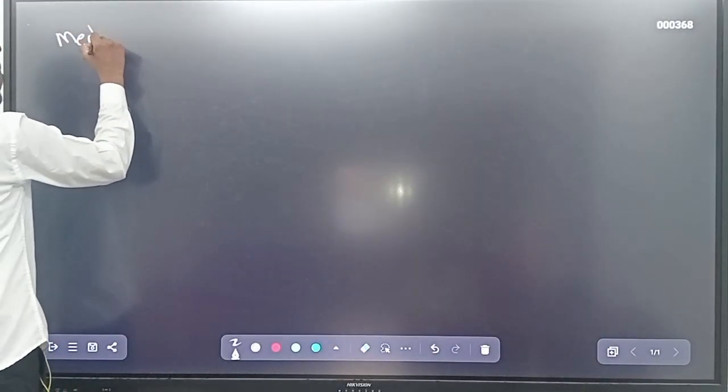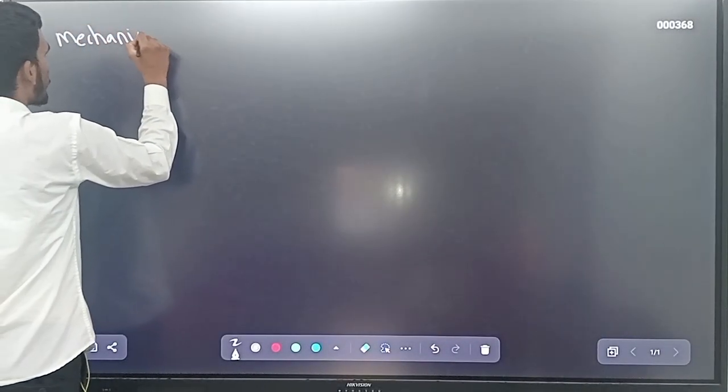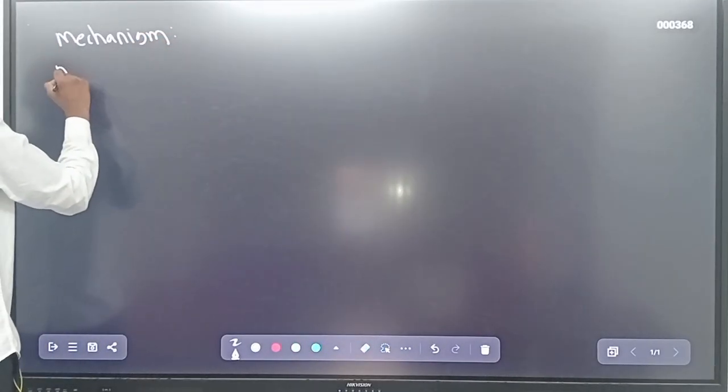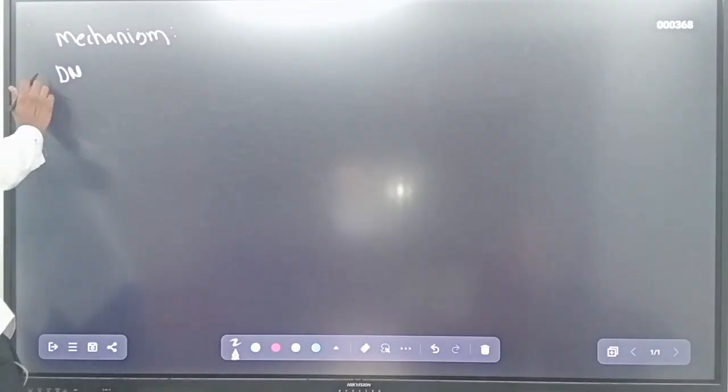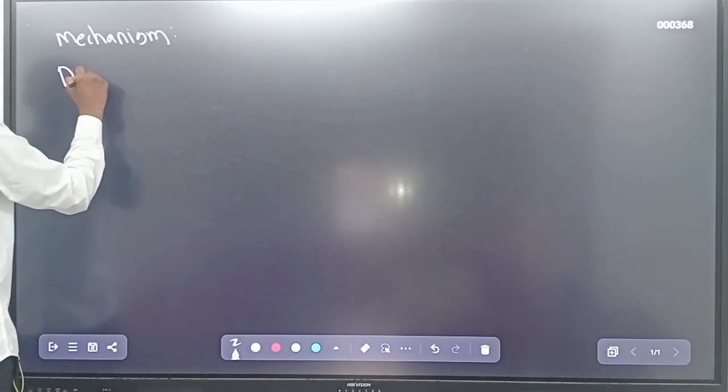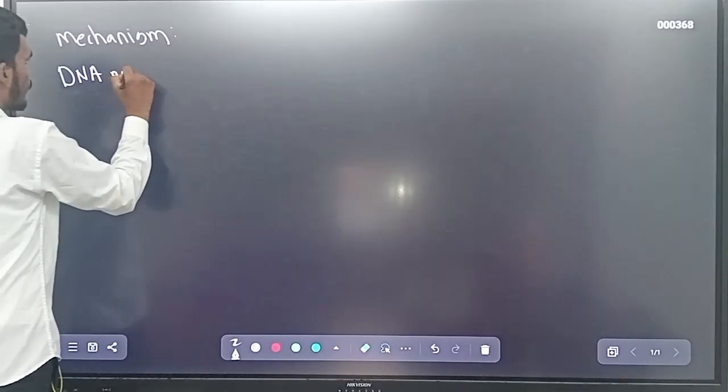Then this process will also contain some enzymes like ribonuclease H. Ribonuclease H has the same activity as DNA polymerase 1.